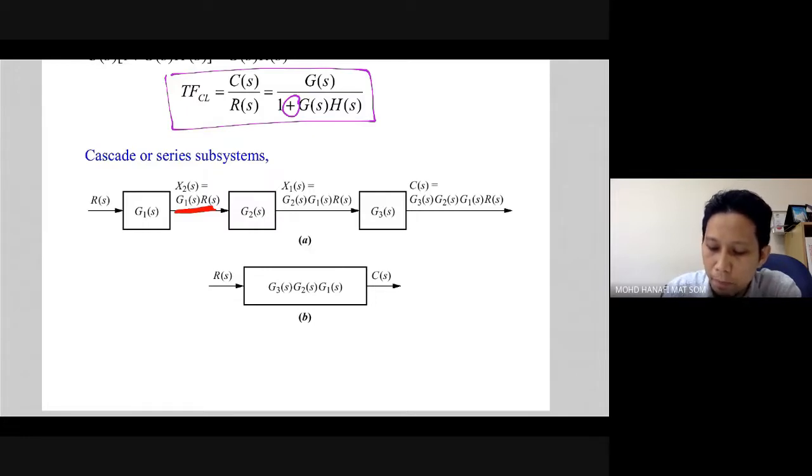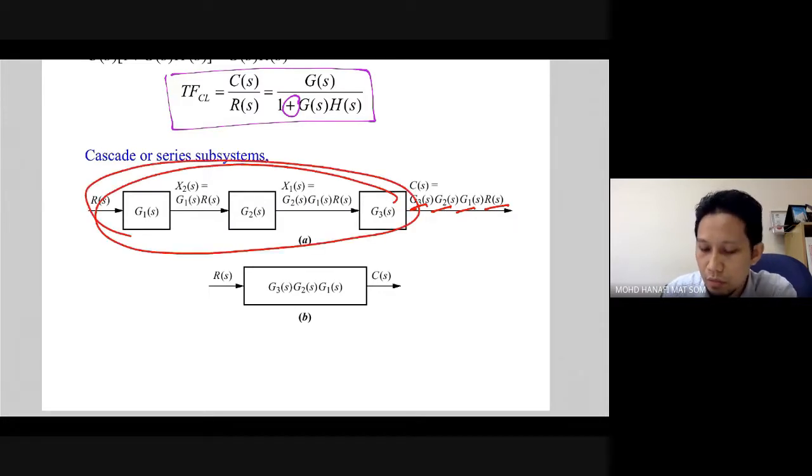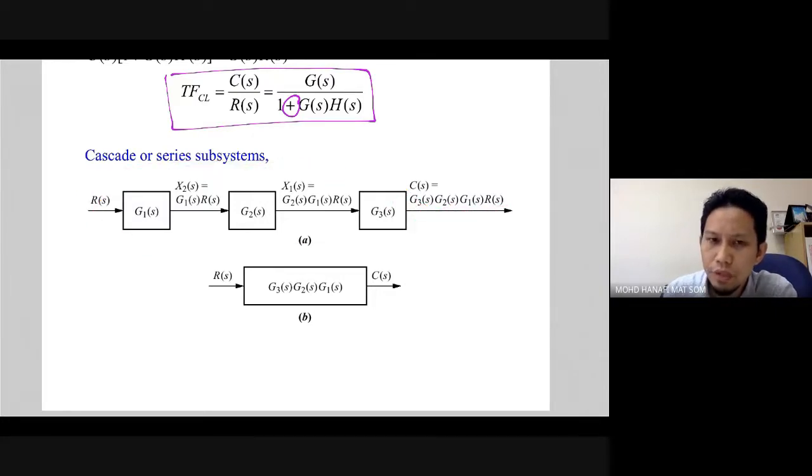The next one is G1(s)R(s) multiplied by G2, so we get G2 G1 R(s). The next subsystem, since it is series, we multiply by G3, which gives you G3 G2 G1 R(s), which consists of all of the subsystems and the input. So it gives you the final output.